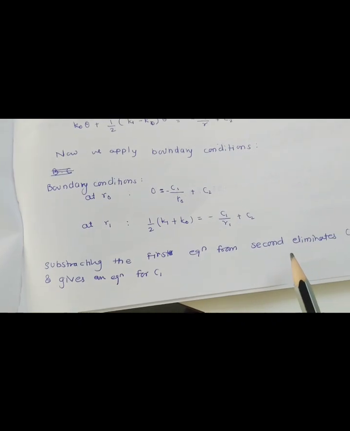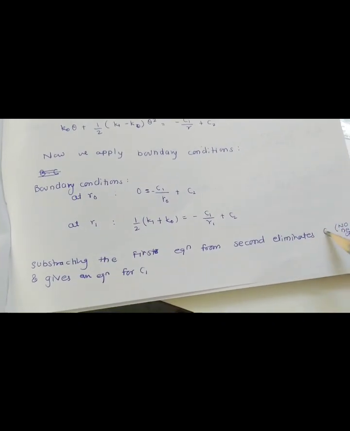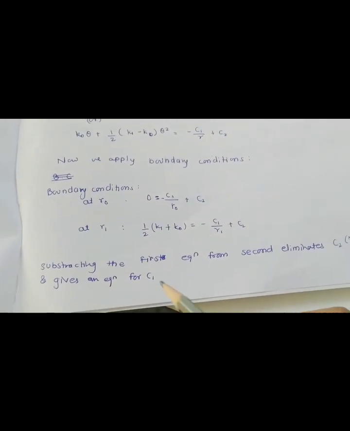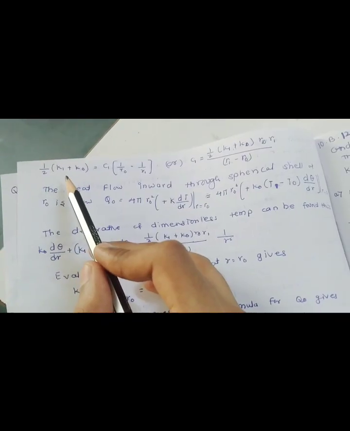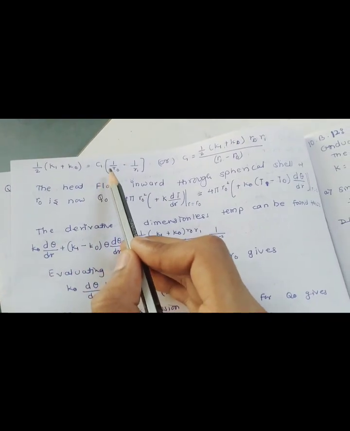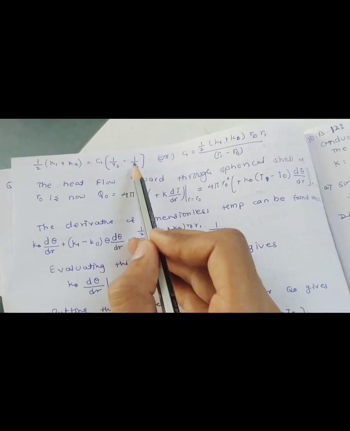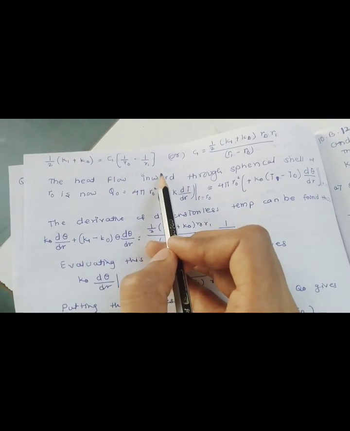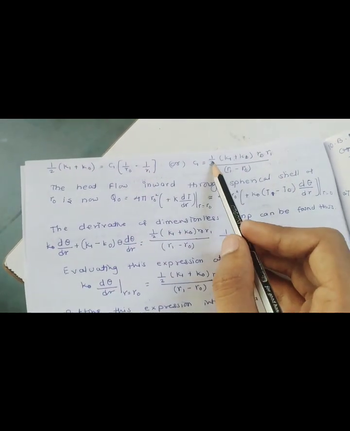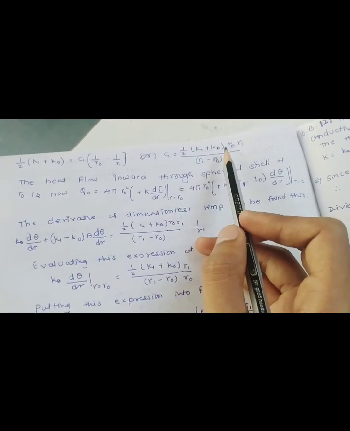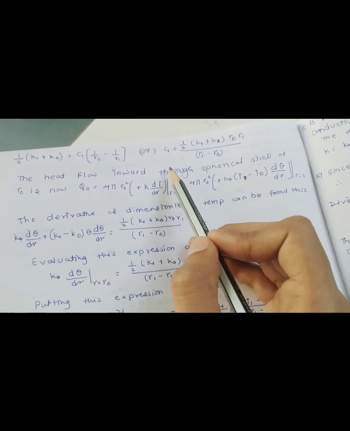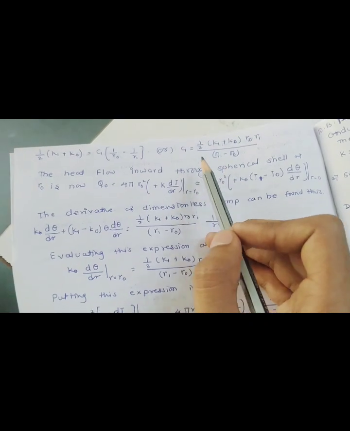Subtracting the first equation from the second eliminates C2, which we don't need here, and gives an equation for C1. So we get half of K1 plus K0 is equal to C1 into 1 by R0 minus 1 by R1, which is equal to half of K1 plus K0 into R0 R1 divided by R1 minus R0.